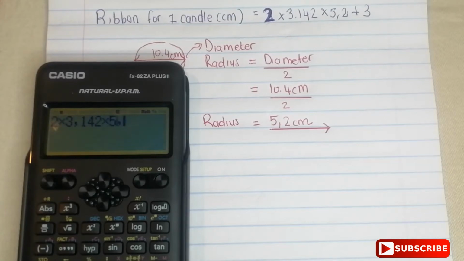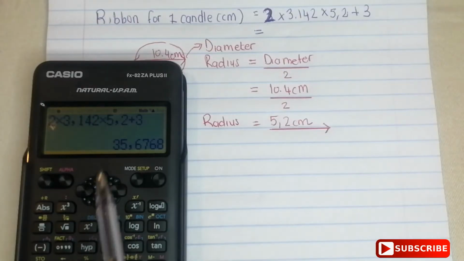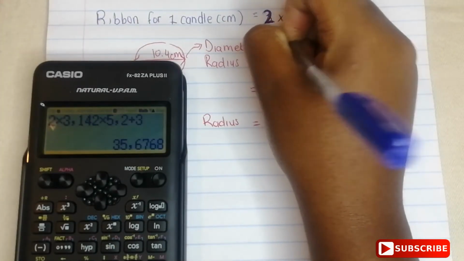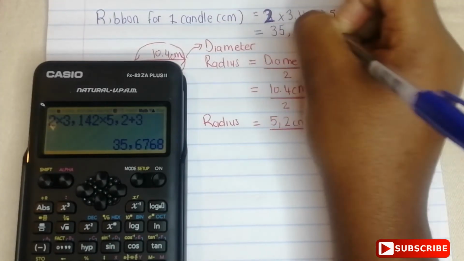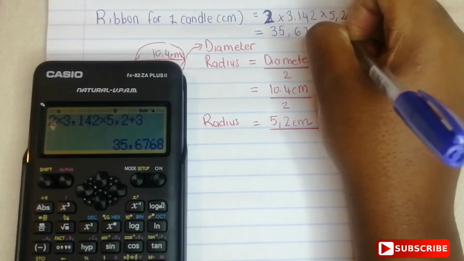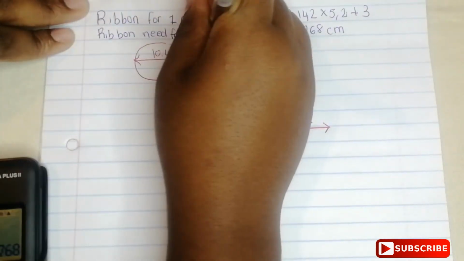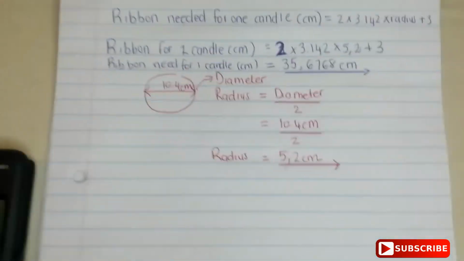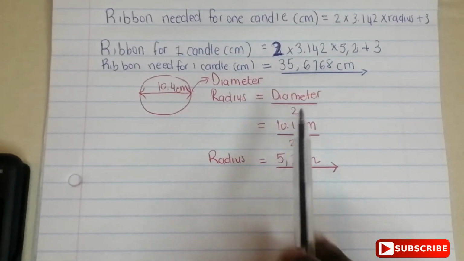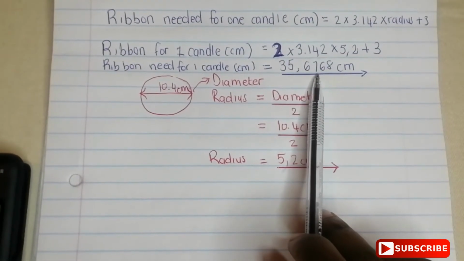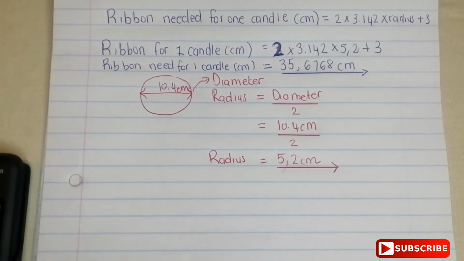The ribbon needed for one candle is 35.6768 centimeters.